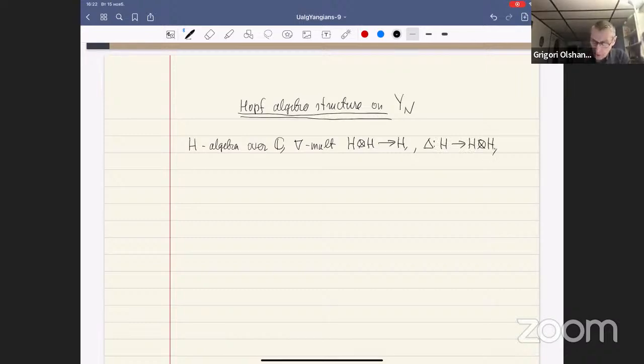And next we have some unit map, which is an embedding into H, and some reverse arrow, which is called the co-unit.